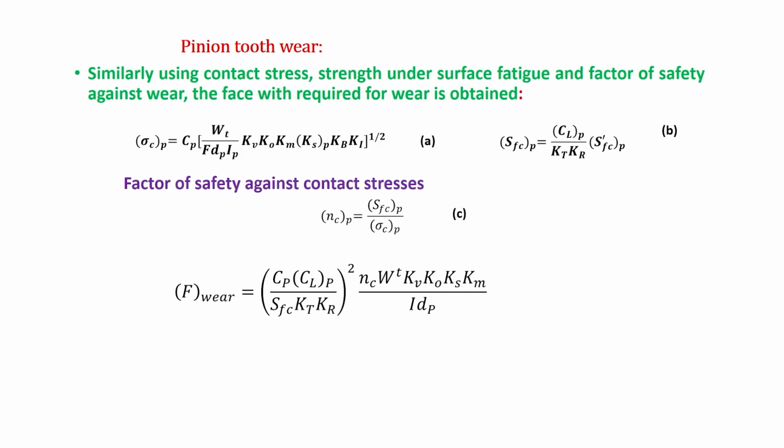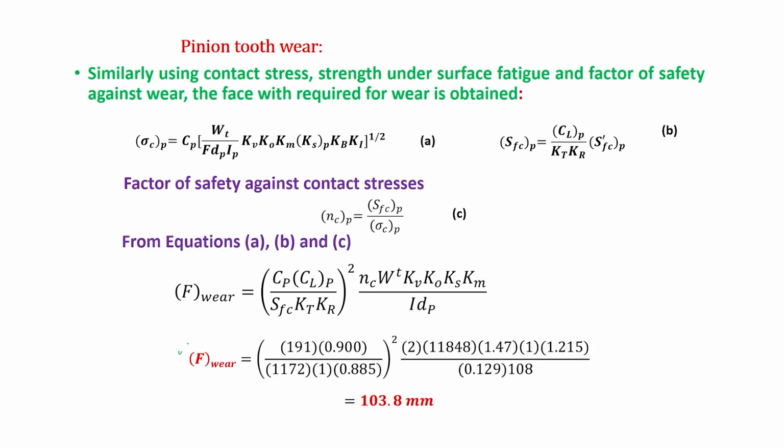So, the F wear is determined from the equation number A, equation number B, and equation number C. The surface stress, the surface fatigue strength, and the factor of safety against surface fatigue. Using this formula, we get the face width required considering wear. Substituting all the factors, we get F wear as 103.8 mm.